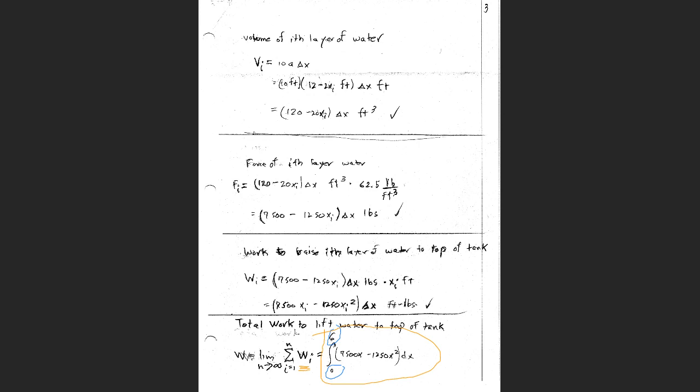Every piece of work has units that are in foot-pounds. So therefore, the integral, which is the exact amount of work, is going to be in foot-pounds.